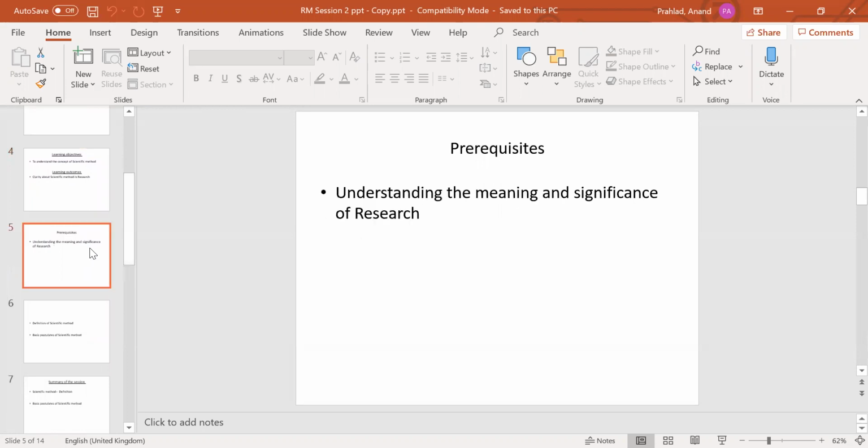We all know that research refers to scientific investigation or inquiry. For a clear understanding of the term research, we also should know the meaning of scientific method. The two terms, research and scientific method, are closely related.